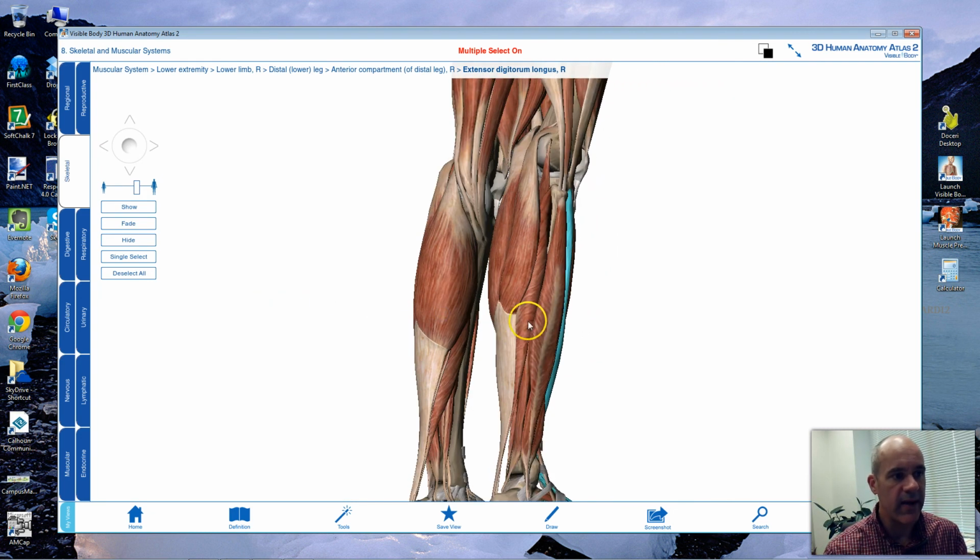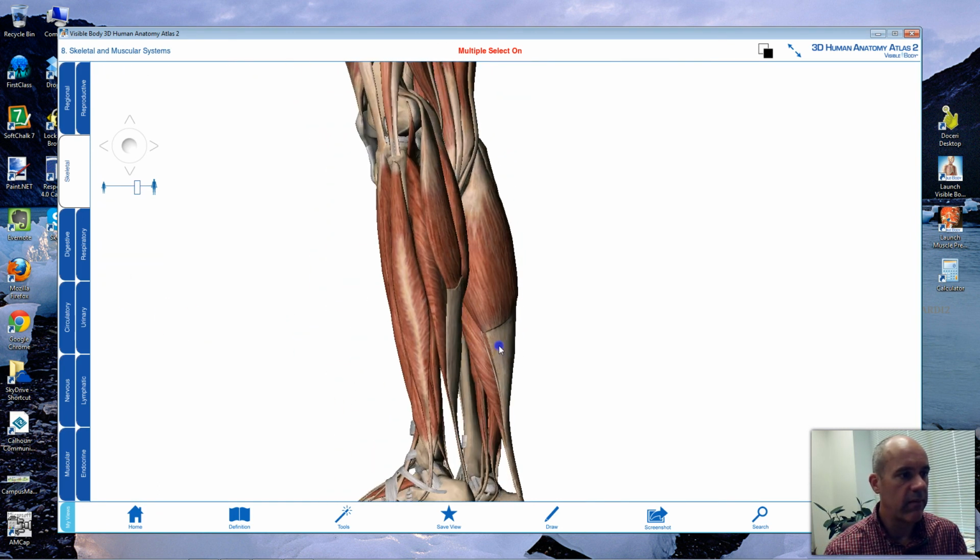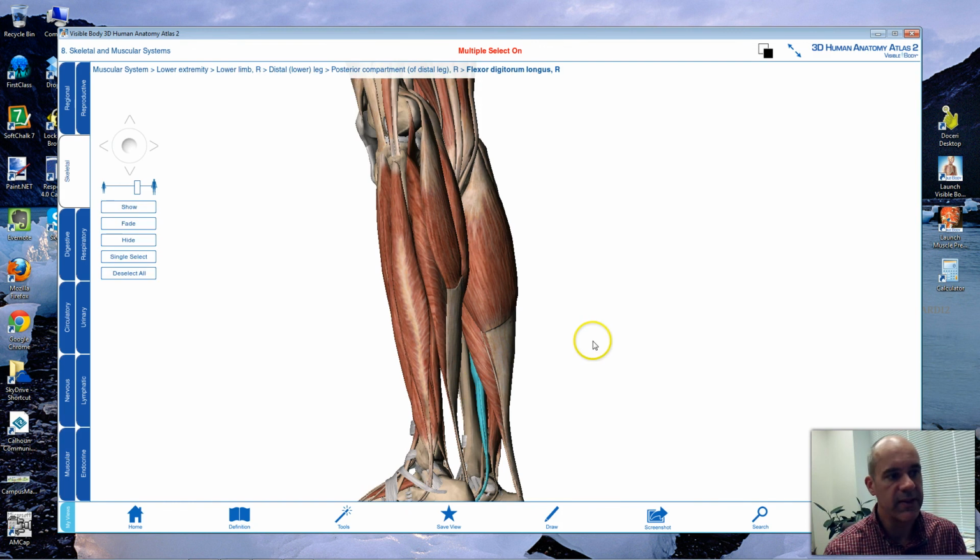And then on this side, on the posterior side of the lower leg, let me deselect those. It's easier to see from this direction. It's a deep muscle, deep to the soleus, sitting there on the back side of the tibia. You have a flexor digitorum muscle there that's involved in flexing or curling the toes.